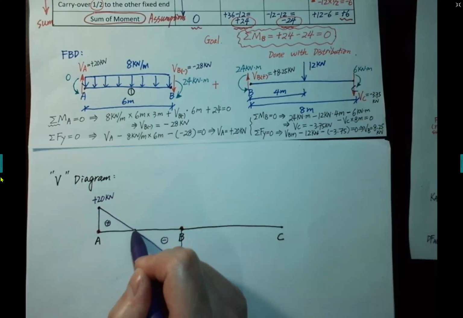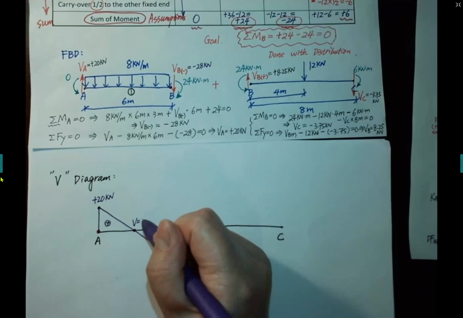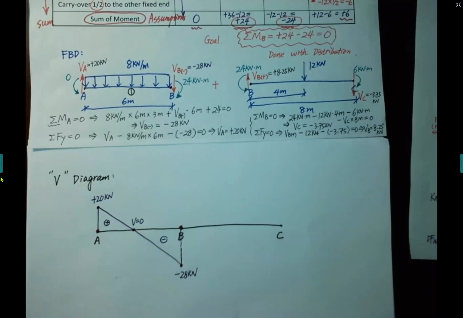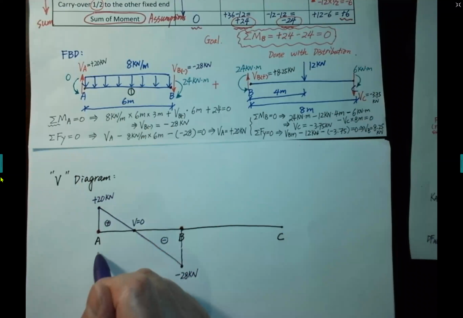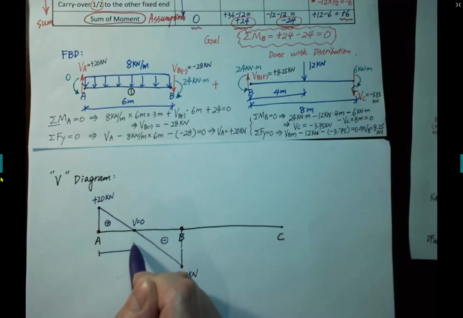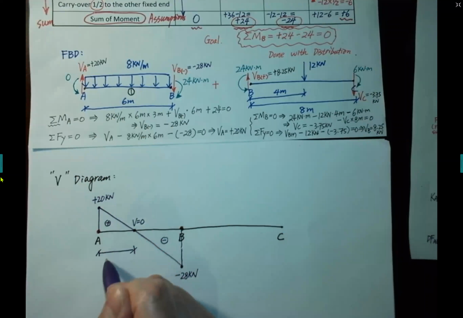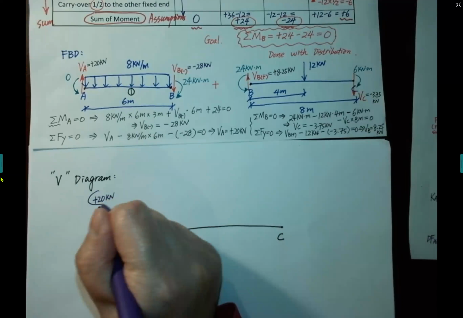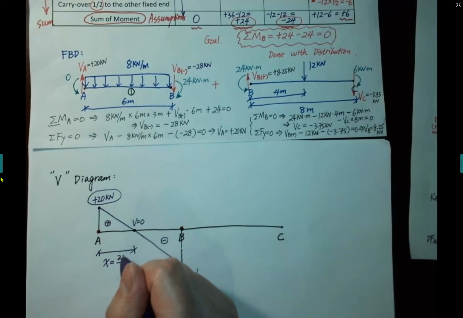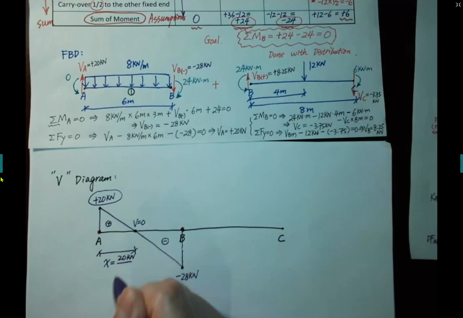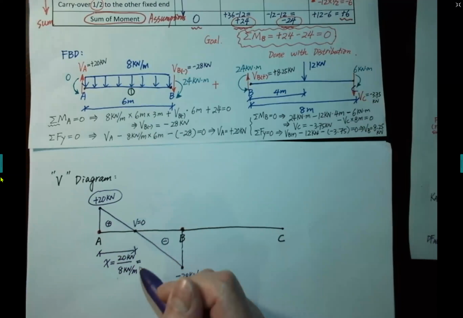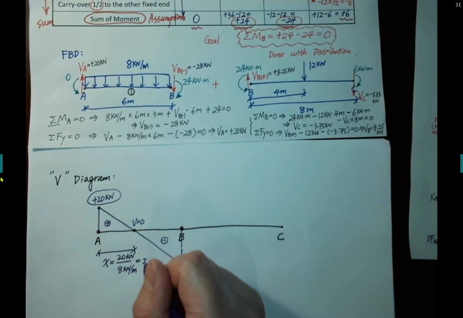Then there is a 0 shear location. In order to identify the location where shear equals 0, x equals 20 divided by the uniform load magnitude, 8 kilonewton per meter, and x equals 2.5 meters.